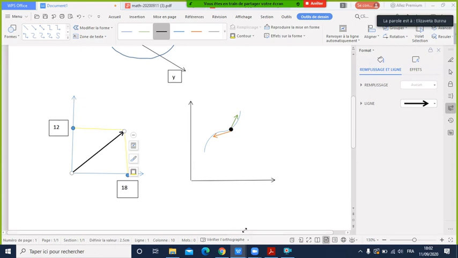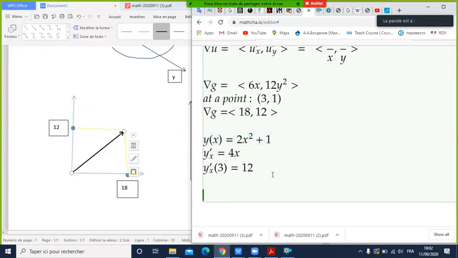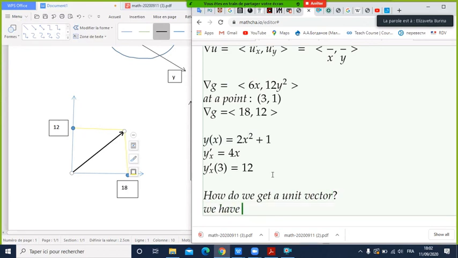Let's do it. So, how do we get a unit vector? So, imagine we have our 18, 12.